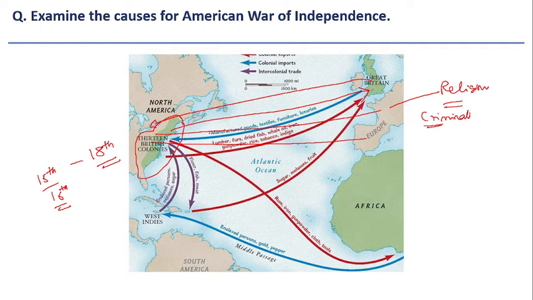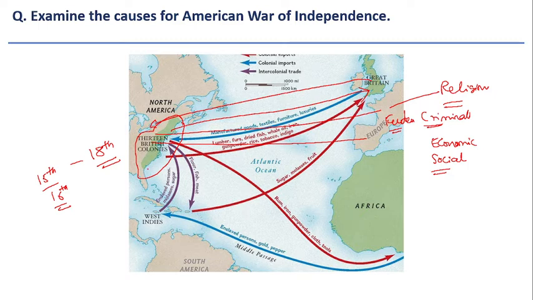Some people went for economic opportunities, and some went to get away from the social system. Many social restrictions were there; it was the age of feudalism. To go away from these social norms, they went to the American colonies. Likewise, there are various reasons for people migrating from Europe to the American colonies.